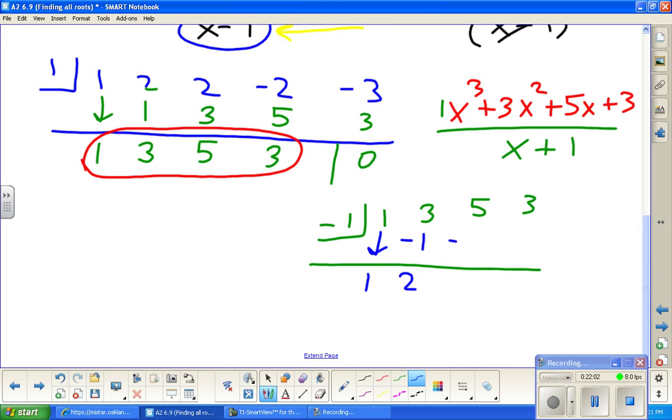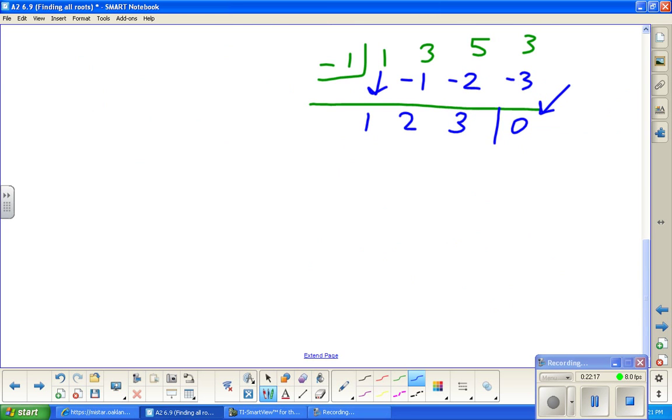Multiply it by the negative 1. Add straight down, multiply, and again, it better be 0. It better go in evenly if we knew it was a factor from the beginning. Okay, that is our other factor, or those are the coefficients of it. x squared plus 2x plus 3.